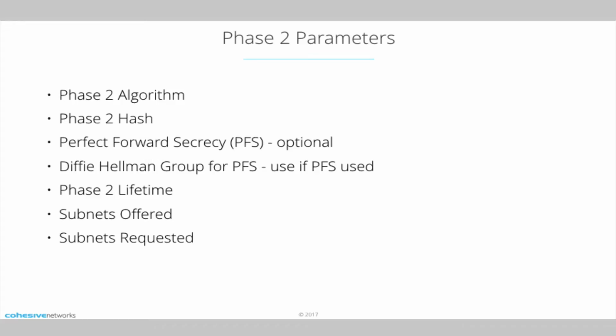If PFS is used, then there is a Diffie-Hellman key exchange as part of PFS, so you need to provide that. Then your phase 2 lifetime, and then effectively the set of parameters, which is subnets offered and subnets requested. And we do that via tunnel pairs when we set up VNS3.